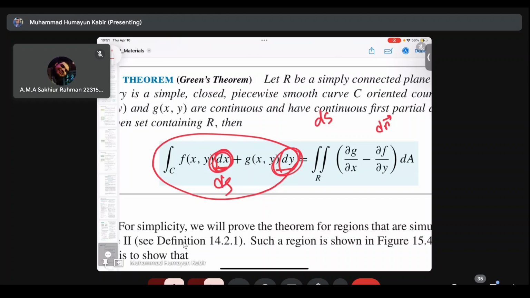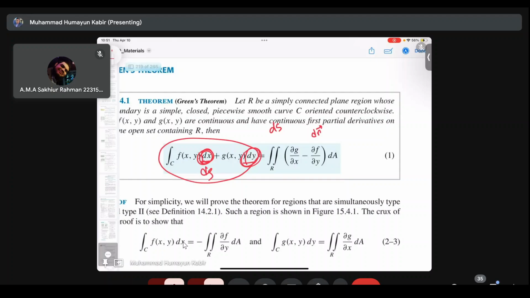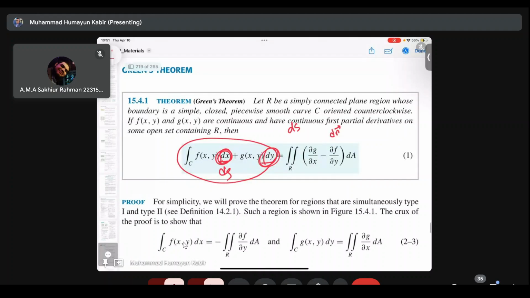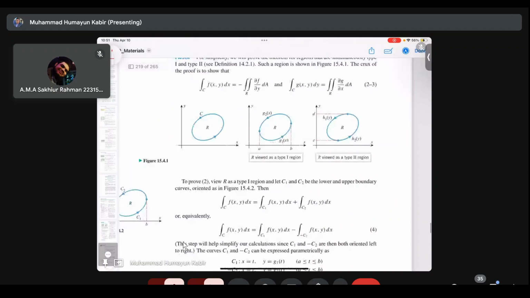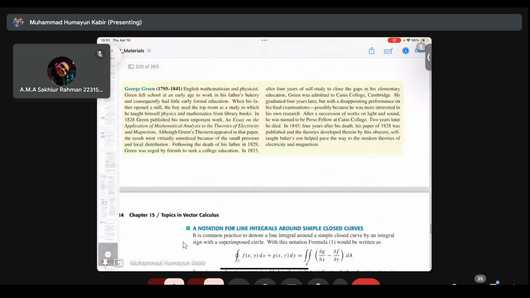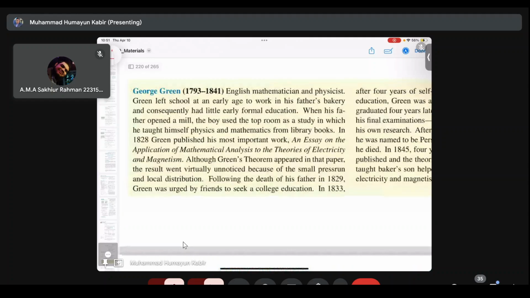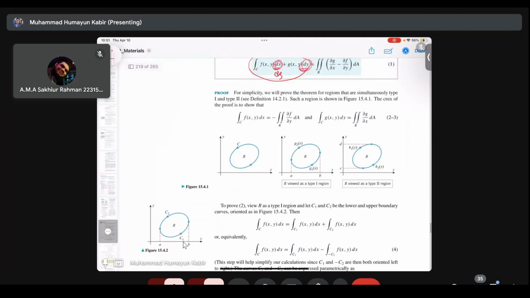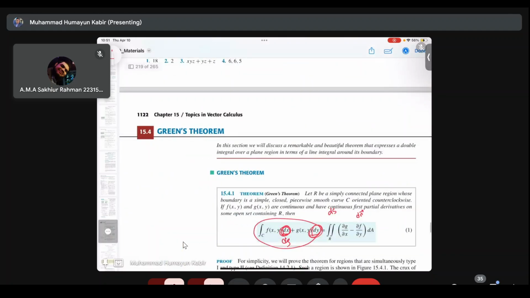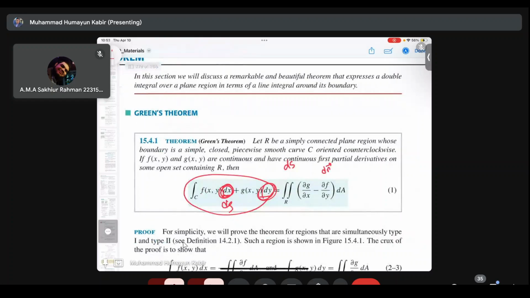In that case, mathematicians developed a convenient technique, and the mathematician is George Green. He was an English mathematician and physicist. He developed this technique, and according to his name, it is called Green's theorem.